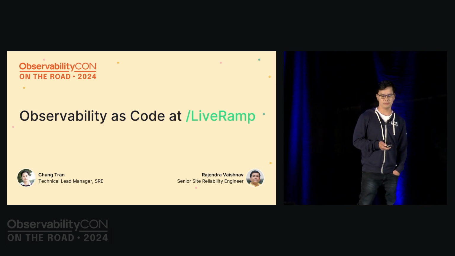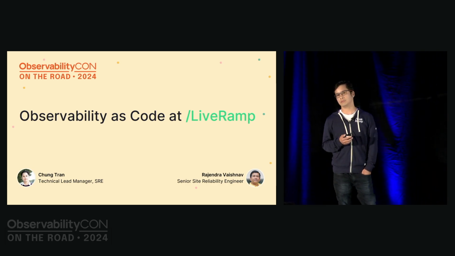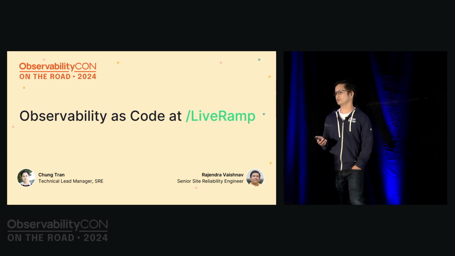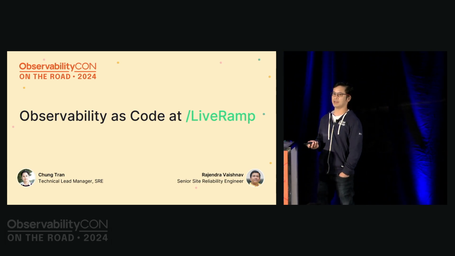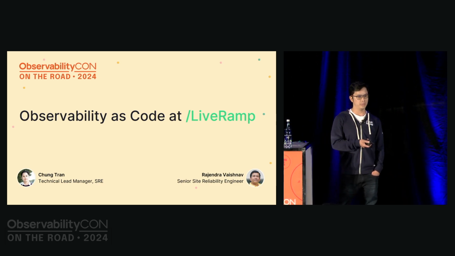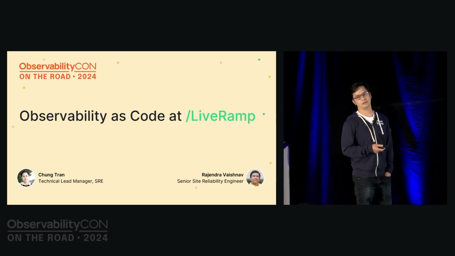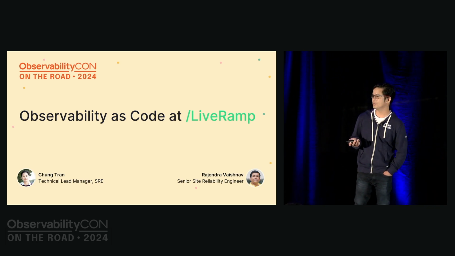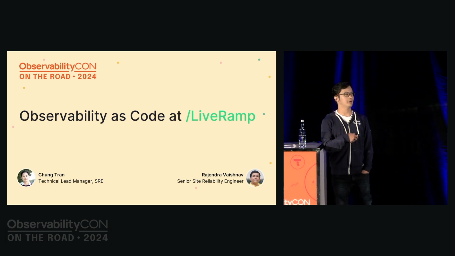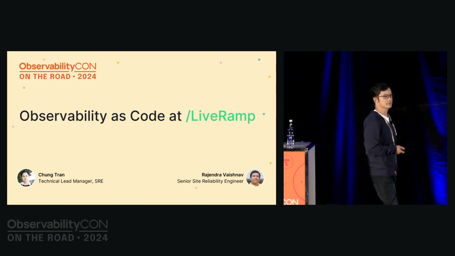So what did we do? So at LiveRamp about a year ago, we started our journey to onboard onto Grafana Cloud. We use all the major products. We use Mimir, Loki, Tempo, K6, Synthetic, as well as the Grafana Alerting feature.